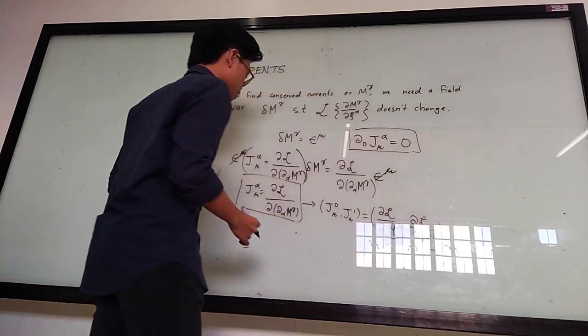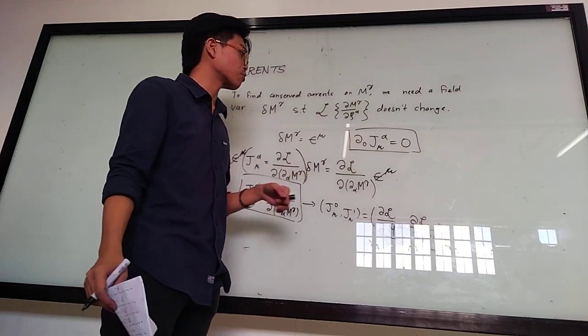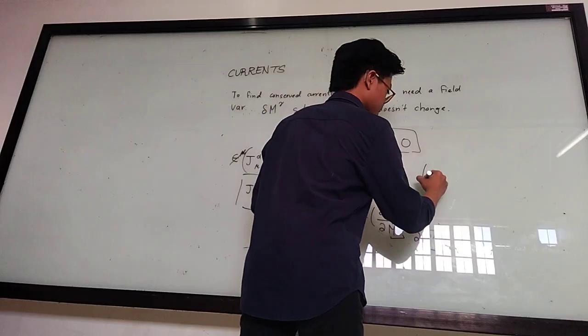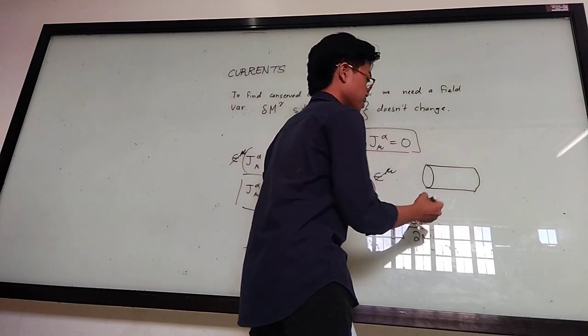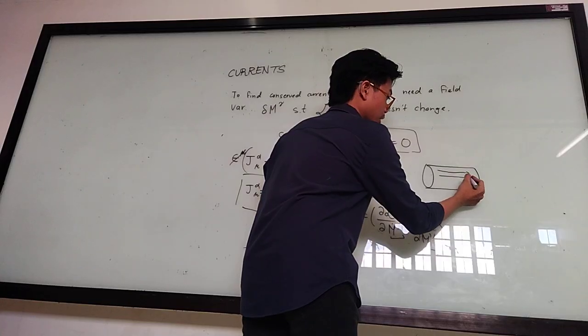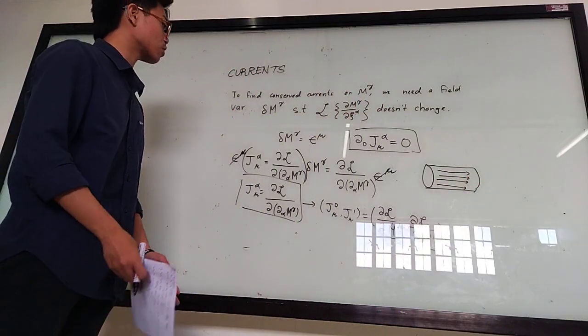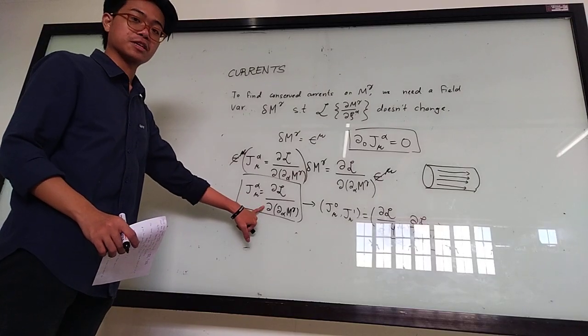So it not only satisfies this equation over here, but it also satisfies this equation. So that must hold for any current that runs through my string. So if this is my string worldsheet, then the current would run through here, right? It would still be conserved. It's a conserved current, and the contracted form would look something like this.